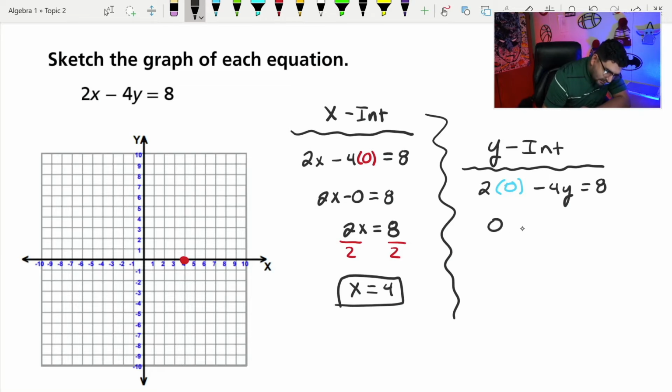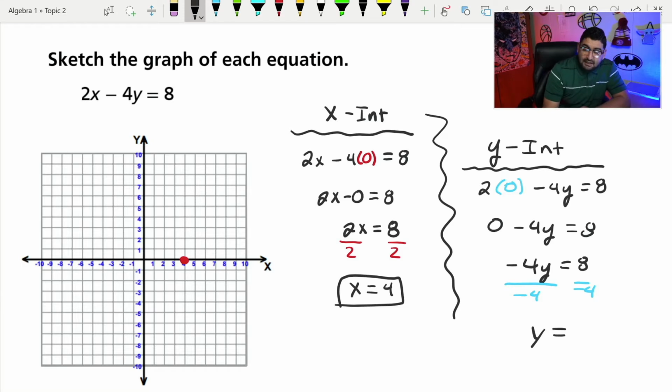Here I have 0 minus 4y equals 8. That's the same as negative 4y equals 8. I can then divide by negative 4 on both sides, and I get y equals 8 divided by negative 4, which is just negative 2.